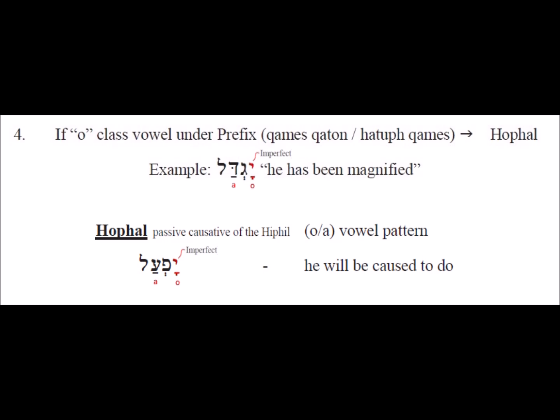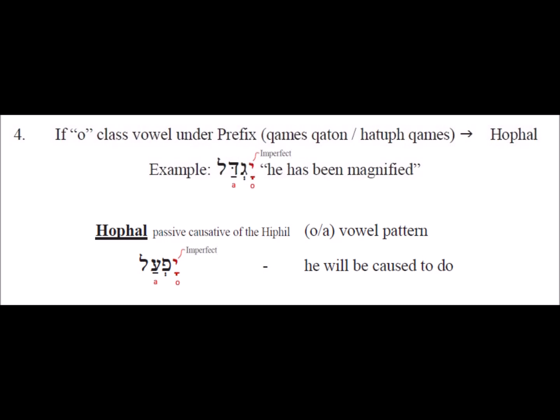Notice yogdal is an example from gadal with that qamets hatuf or qamets qatan, that O vowel, in a closed unaccented syllable.